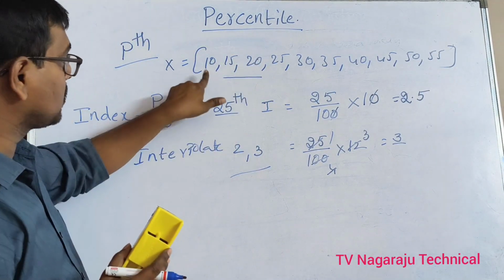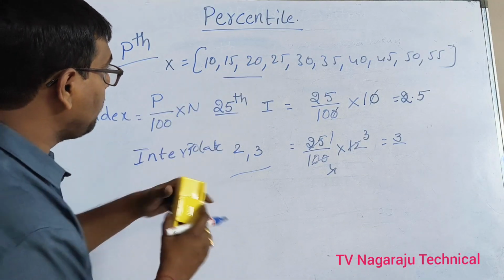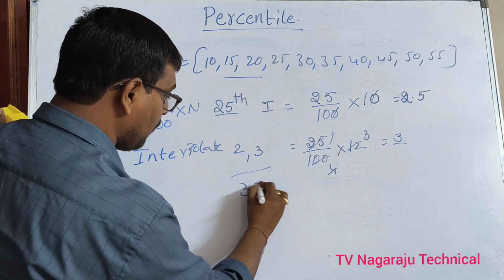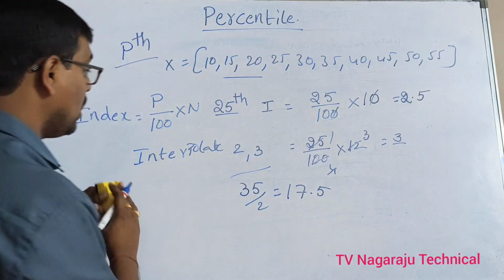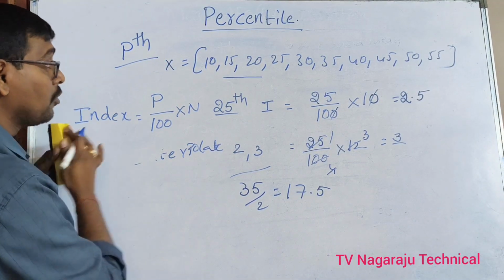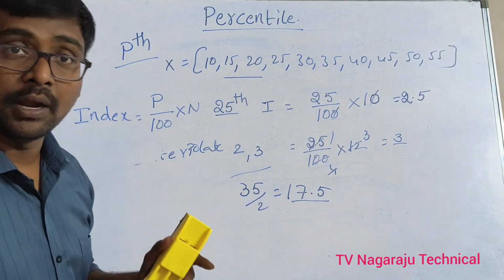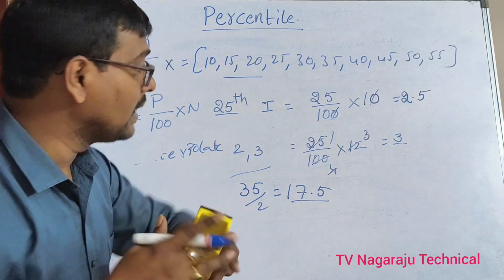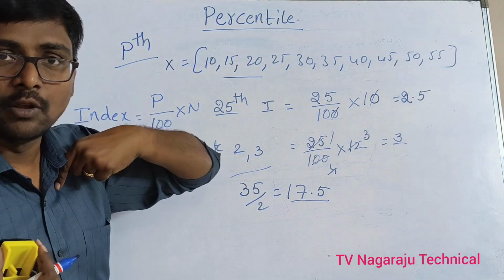These are the two numbers: first, second, third. So the average is 15 plus 20, 35 by 2, that is 17.5. So the 25th percentile for this example is 17.5. Got it? If you directly get an integer, the value at that position is available.